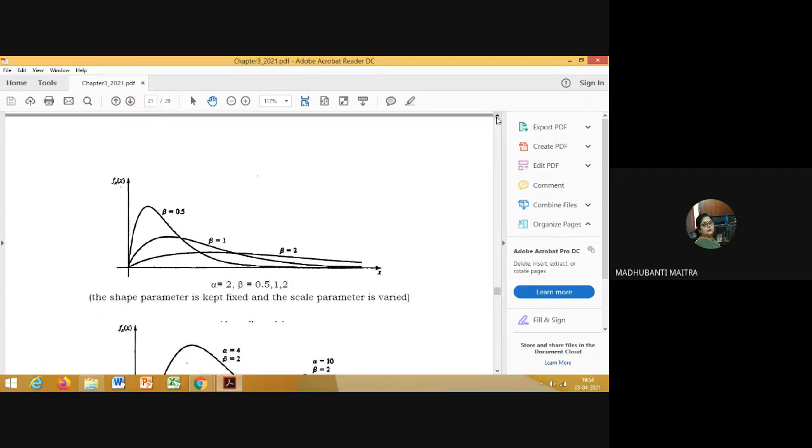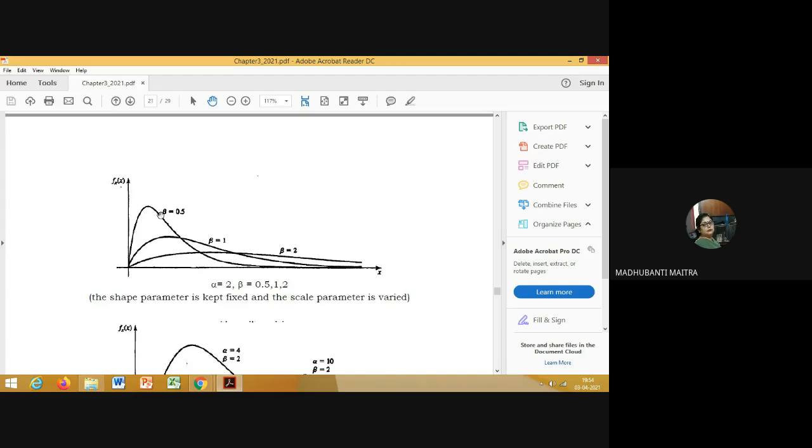Sorry, I'm explaining this afresh. Here alpha is equal to 2 and beta values are 0.5, 1 and 2. Here you see there is a little bit of similarity between the look of the density functions, this one and this one, right? There is a little bit of similarity amongst these density functions.